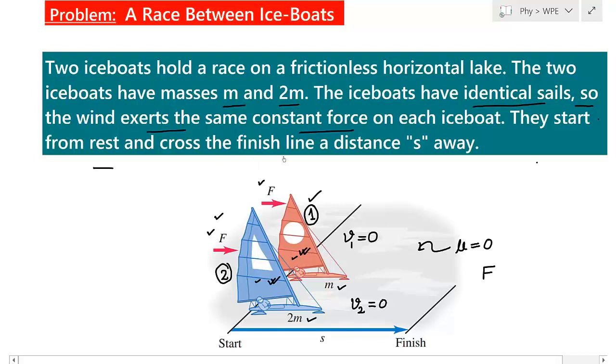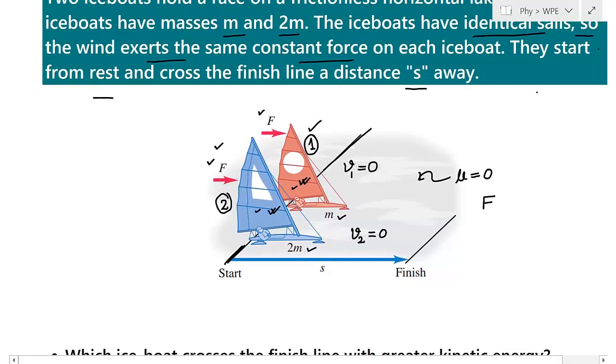And they cross a finish line at a distance s away. So both start at this line. This is the starting line. Basically there is a race and these two ice boats are starting from this line and they finish at this line. So the distance from start to finish is given, and this distance is s.